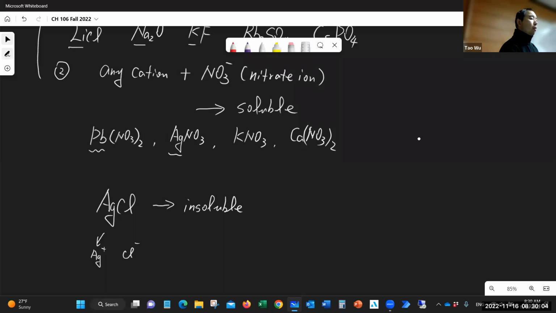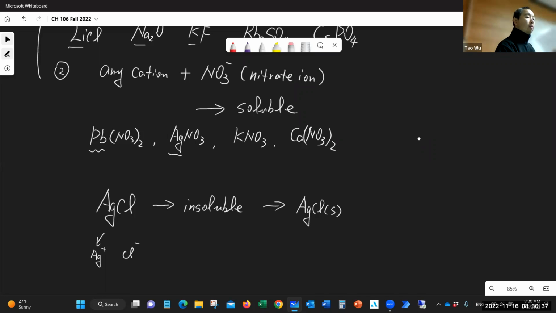Insoluble means that when you put the silver chloride in the water, it's not going to dissolve. When we generate silver chloride in the water, it should come out of the water, making a precipitate.